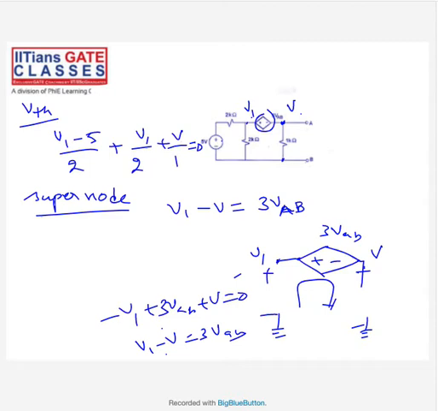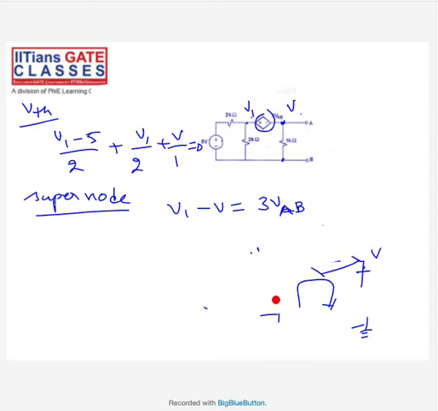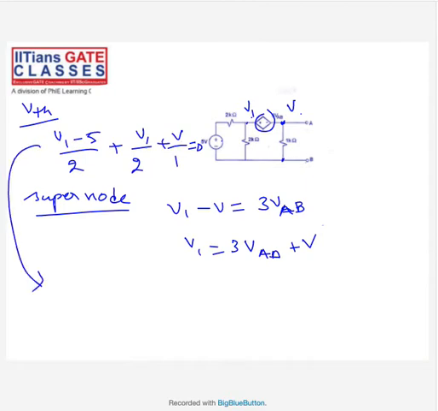Now if you have two equations, I want the value of V. If I substitute V1 is equal to 3VAB plus V, then V1 by 2 and V1 by 2 is V1.